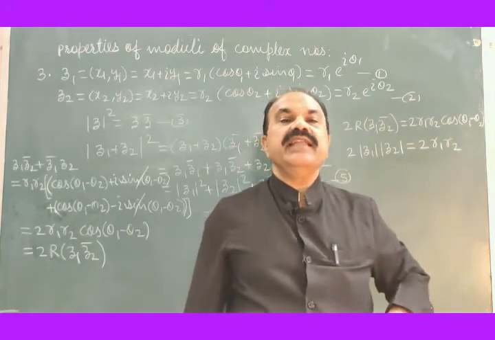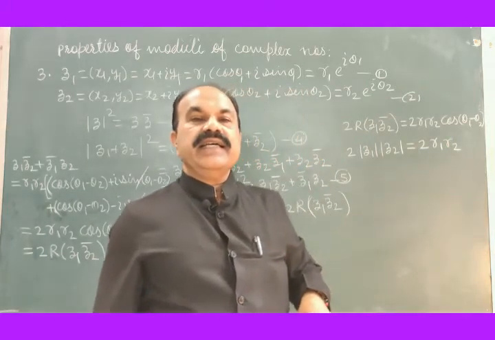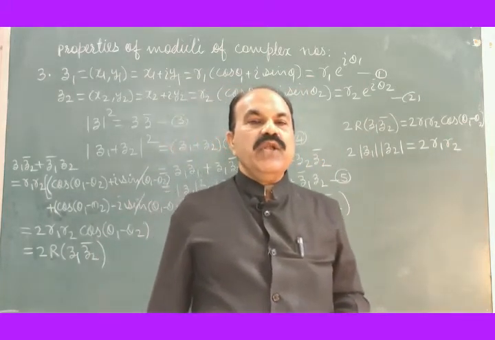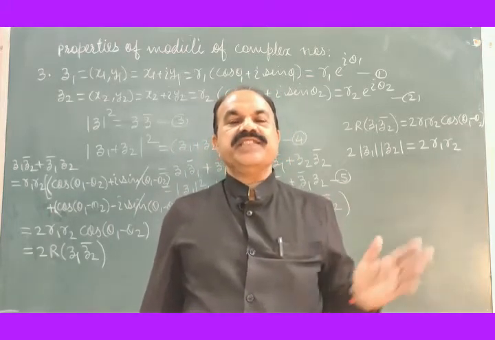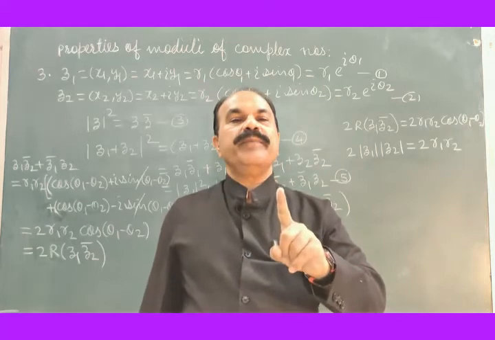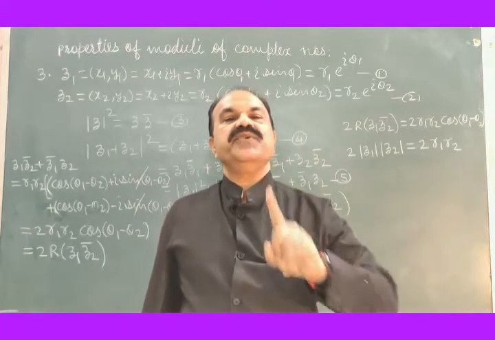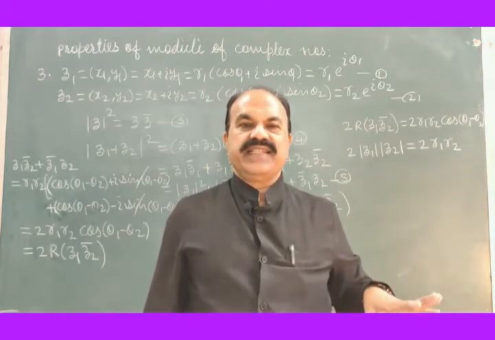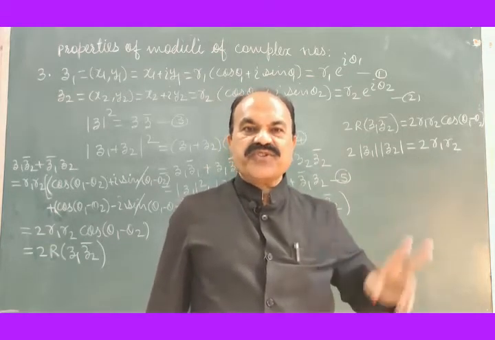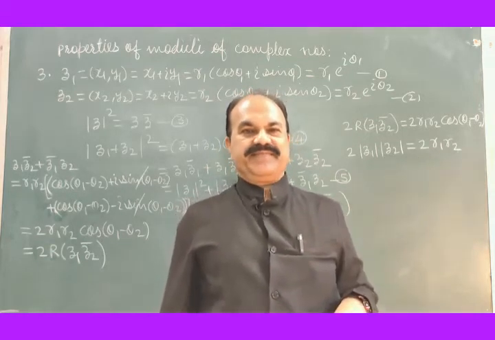Cosine of any angle has values ranging from 0 to 1. Its value will be 1 only for theta 1 minus theta 2 equal to 0. For all other cases, the value of this cosine is always smaller than 1.